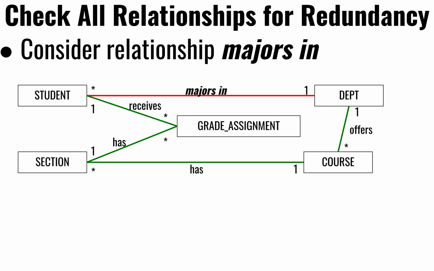Here, in this one, the question might be, can I know which students are enrolled in what department? Well, I can certainly navigate from students to department, or from department to students, and I can answer that question. So since I have a cycle here, I might also ask myself, can I also answer the same question if I navigate following this other path, starting from the student, going to a grade assignment, to the sections, all the way to the department?